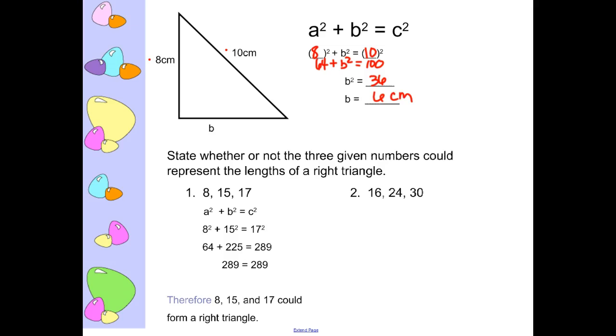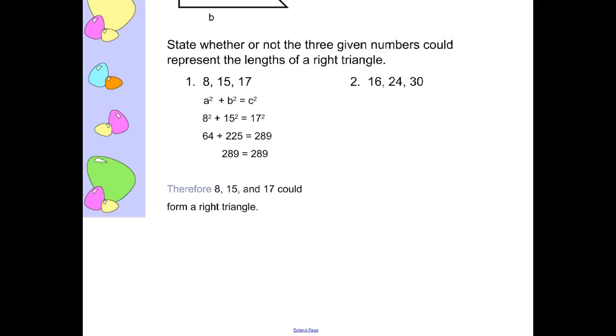All right, great job. Now, there is this idea called the converse of the Pythagorean Theorem. They're going to give us 3 measures of the sides of a triangle. Here they give me 8, 15, and 17, and they ask us to state whether or not the 3 given numbers could represent the lengths of a right triangle. First, we assume that the biggest number is the hypotenuse, since the hypotenuse is the longest side of a right triangle.